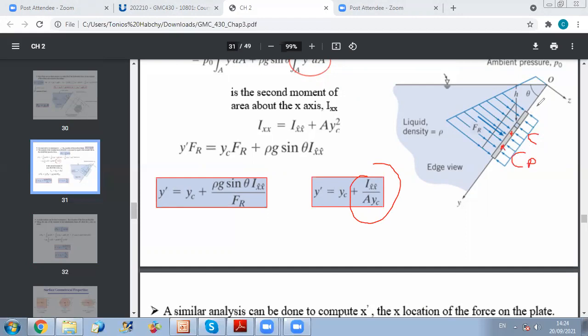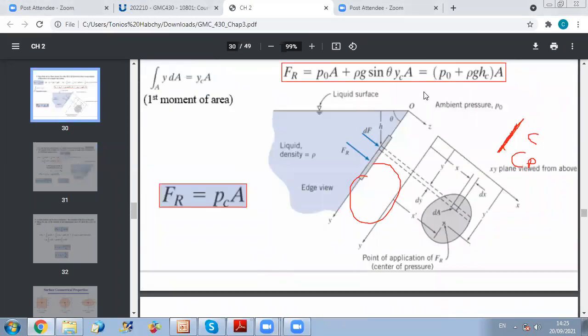They can have the same x coordinate, then they will be along the same line. You cannot see it here, but you can see it in the 2D view on the top view. So when Ixy is 0, this is what will happen. Let's say this is the centroid.